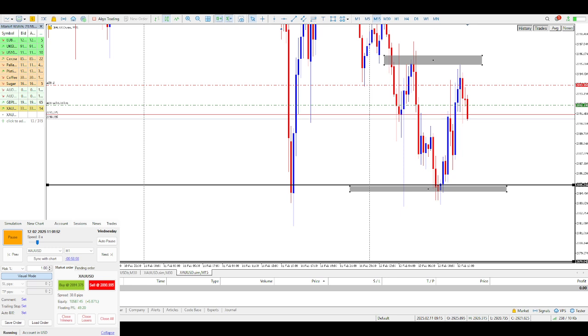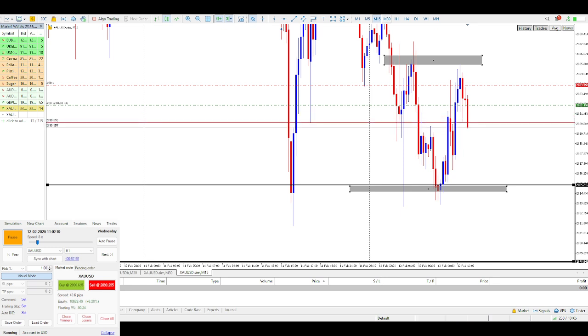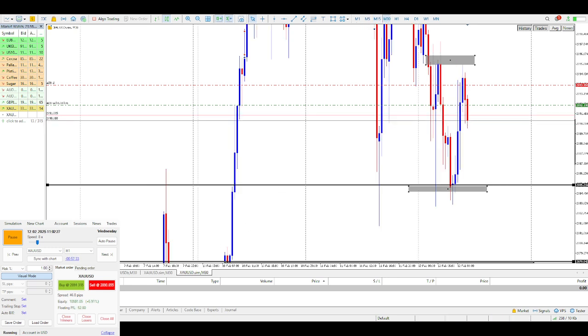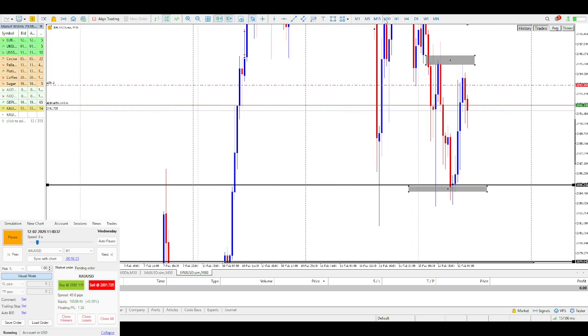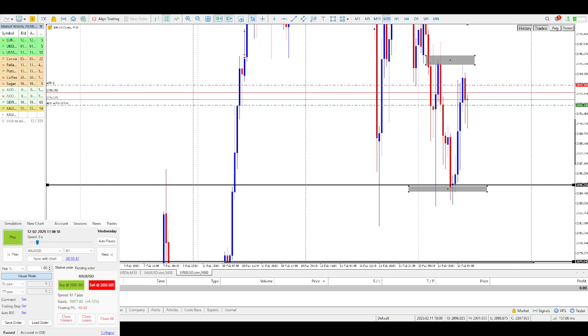Yes. Yes, you can see even the 1 hour closed. Since it's breaking its own high, I'm going to close 60% of the trade.